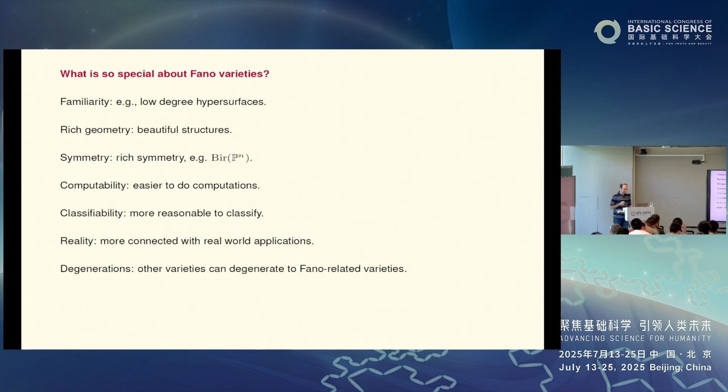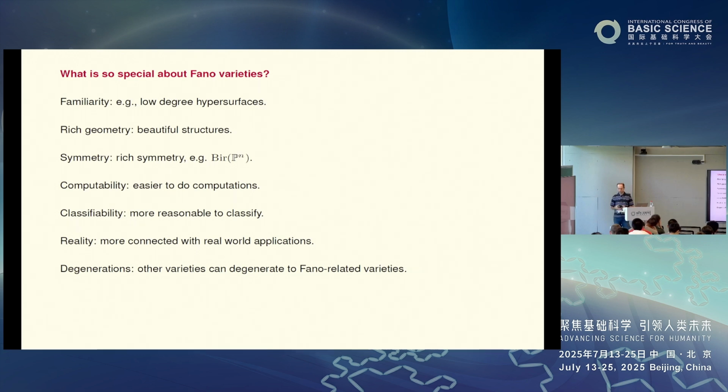And as I mentioned before, they are much more relevant to the real world, in particular through toric geometry. Another reason is degeneration. Quite often, other spaces like Calabi-Yaus or general type varieties can be degenerated. You can take a limit or somehow approximate, degenerating these spaces into Fano varieties or unions of Fano varieties or something related to Fano varieties.